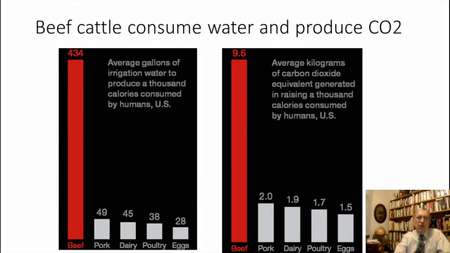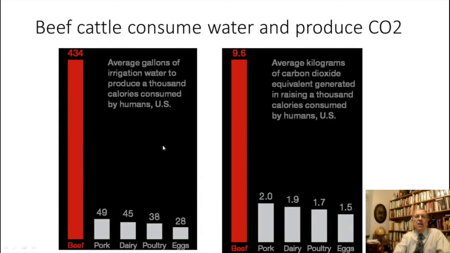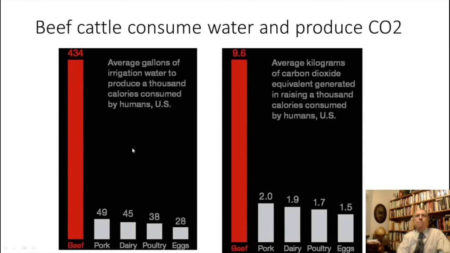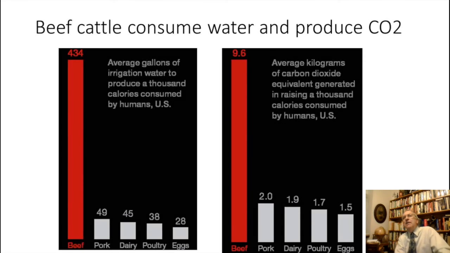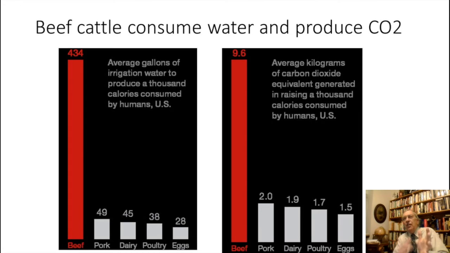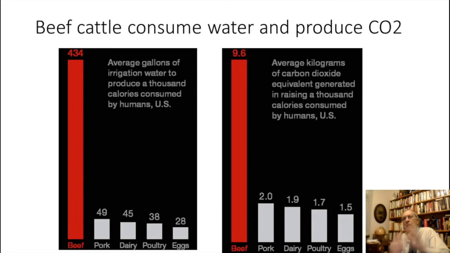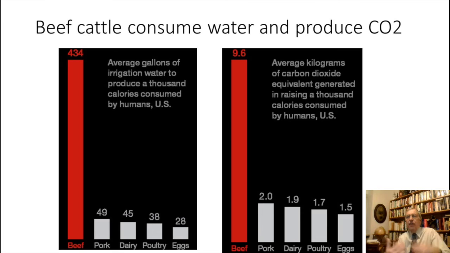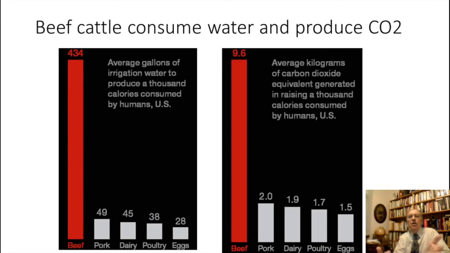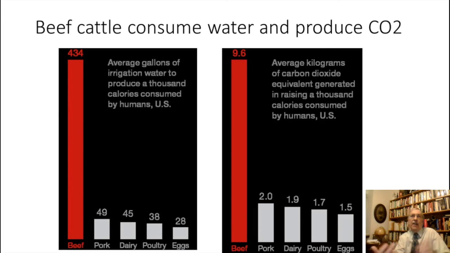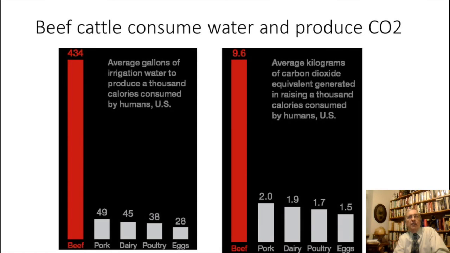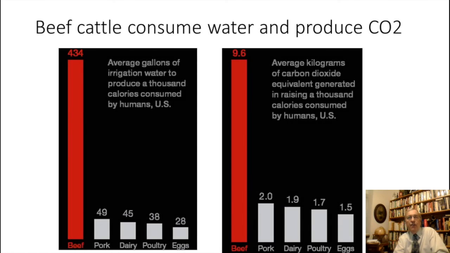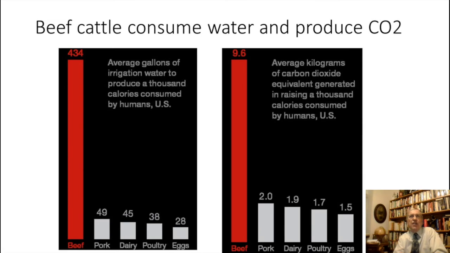They use a huge amount of water because they're alive longer. The beef we eat is between 16 months and 2 years old. So that animal has been drinking water for 2 years. Whereas mature chickens are like 7 or 8 weeks, and pigs are like 6 months.